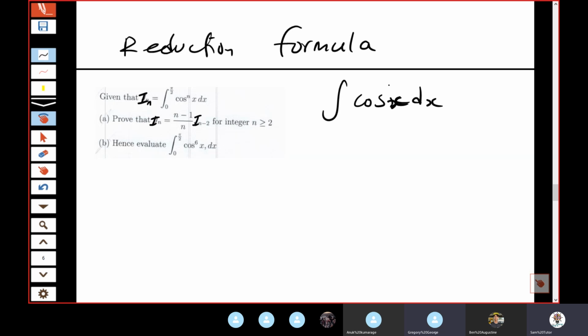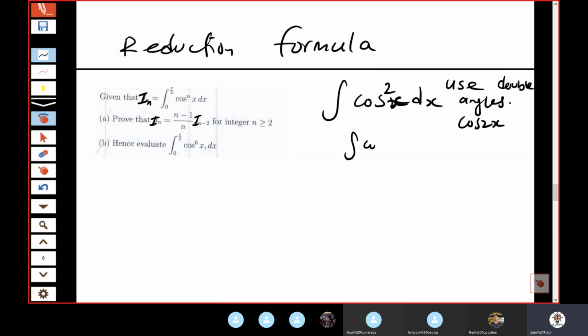Do we know how to integrate cos squared x? Anyone remember how? There's a technique for it. Come on, think of trig. Use double angles, right, we've got to use cos 2x.